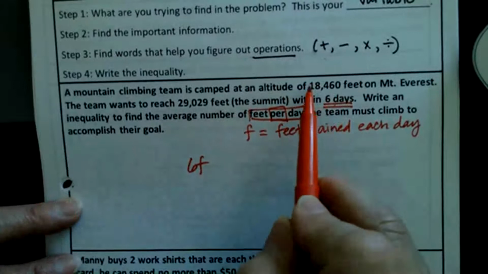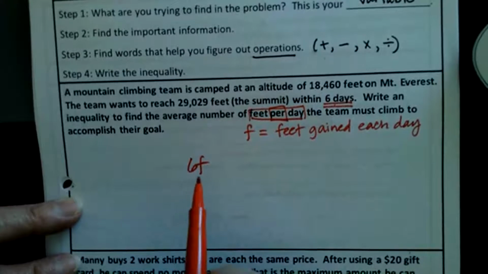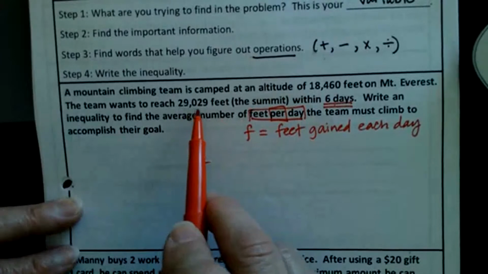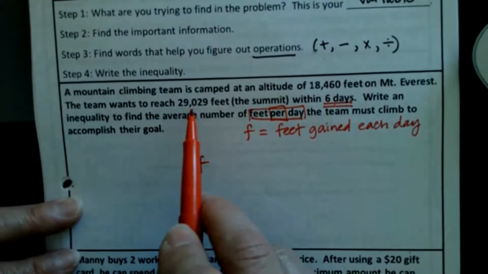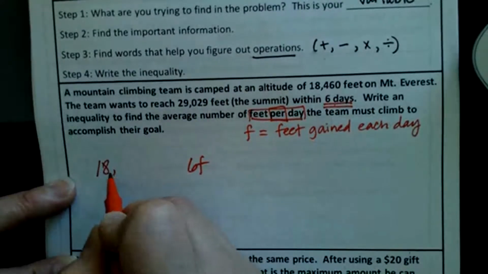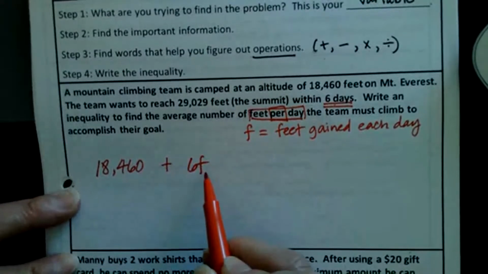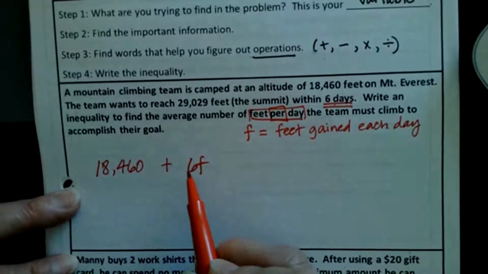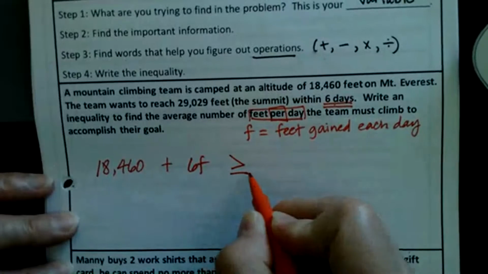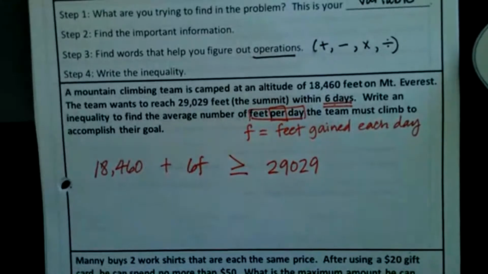So that tells me if I take where they are now and add it to the number of feet that they're going to climb each day, then I want them to reach the summit, 29,029 feet. This is the top. This is where they're trying to get, okay? So if I take where they are now, plus the number of feet that they're going to travel each day, multiplied times 6 days, I want all of that to be greater than or equal to the 29,029 feet that they want to reach by the end of it.